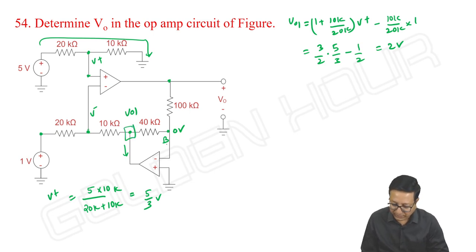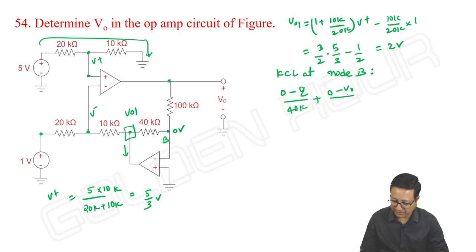So KCL at node B. Then it is (0 minus VO1), how much is it, (0 minus 2) by 40k plus (0 minus V output) by 100k is equal to 0.